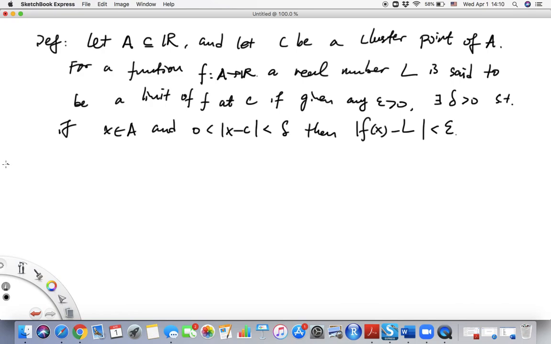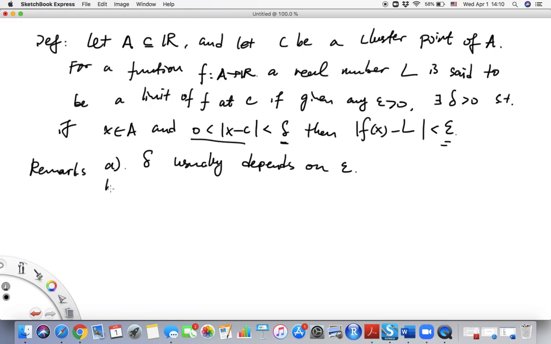Okay, so some remarks. So usually this delta depends on the epsilon. Okay, so delta usually depends on epsilon. Okay, so this absolute value of x minus c greater than 0 is the same as saying x is not equal to c.